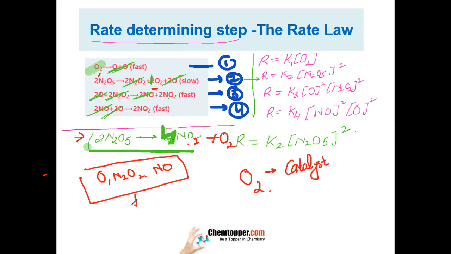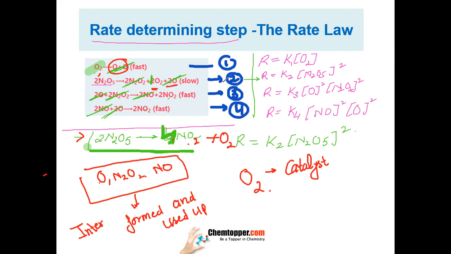Like for the intermediate, we said they are formed first. First, they are formed and used up. That's the intermediate. You check O is formed in step 1, used up in your step 3, formed and used up, right?